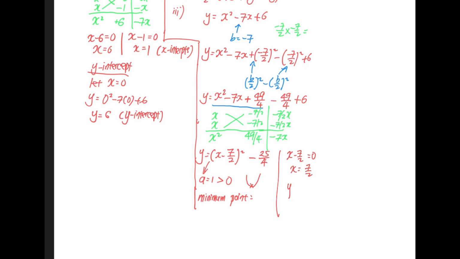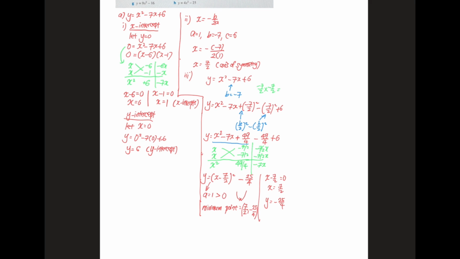So that's the x coordinate. The y coordinate, you can take everything at the back of the bracket, minus 25/4. Okay, this will be the y coordinate. So with the x and the y coordinate, we get the minimum point as 7/2, minus 25/4. Okay, so we get the minimum point now.